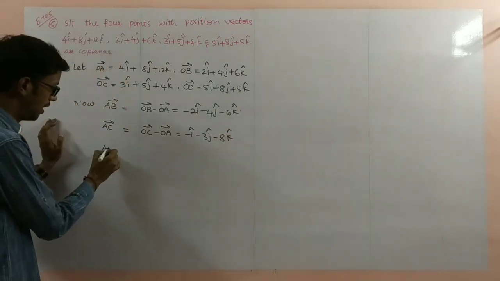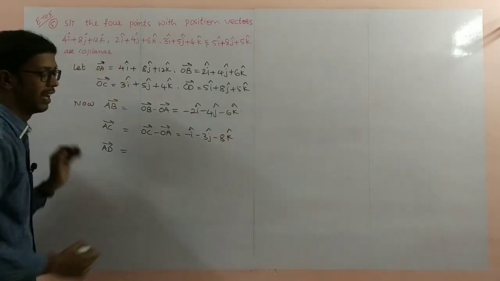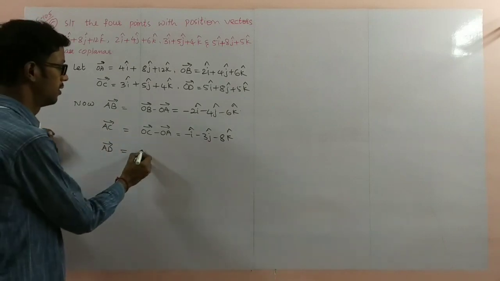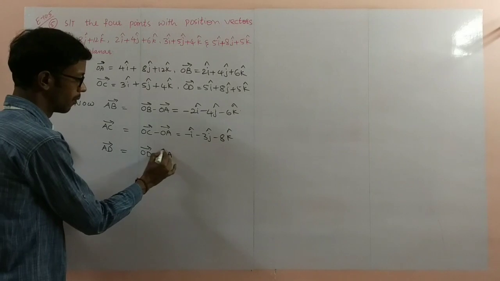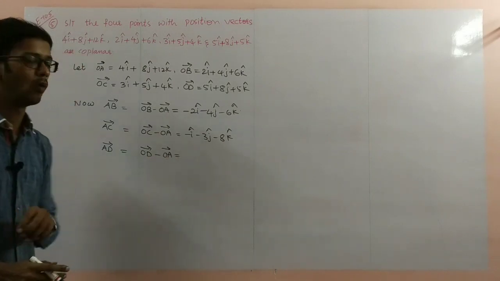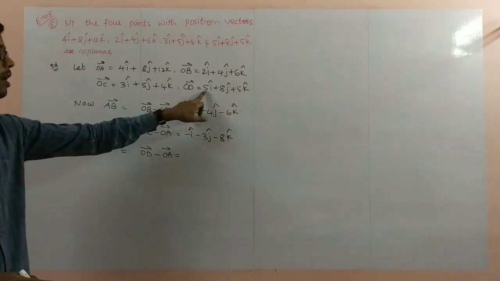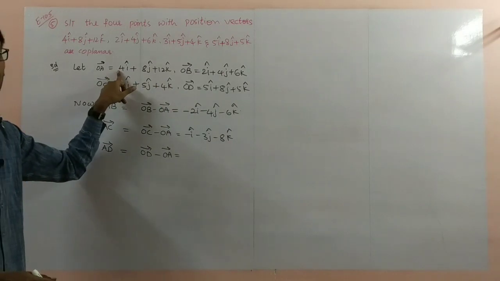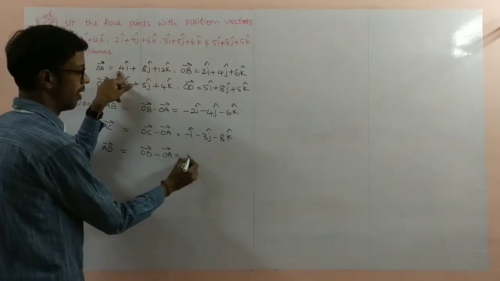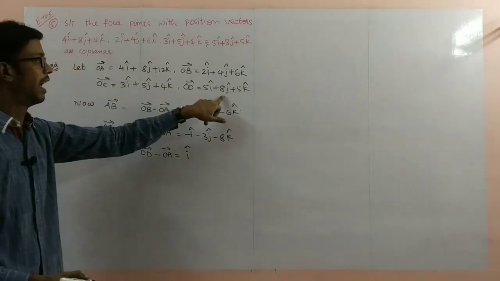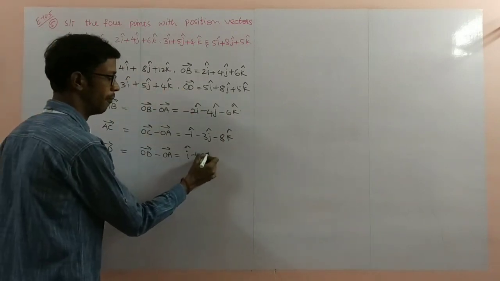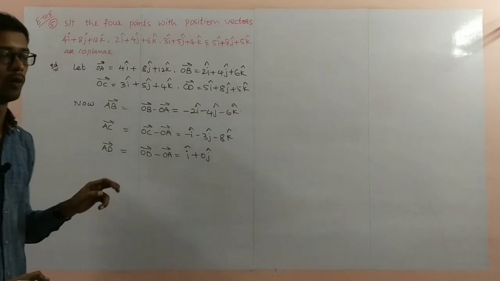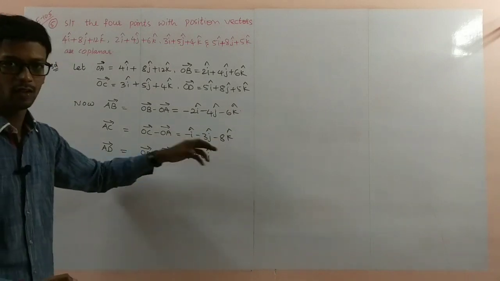Next, AD bar. AD bar vector is OD bar minus OA bar. 5i cap minus 4i cap, that is just i cap. 8j cap minus 8j cap, 0j cap. Write down 0, no problem. If you are not writing also, no problem.